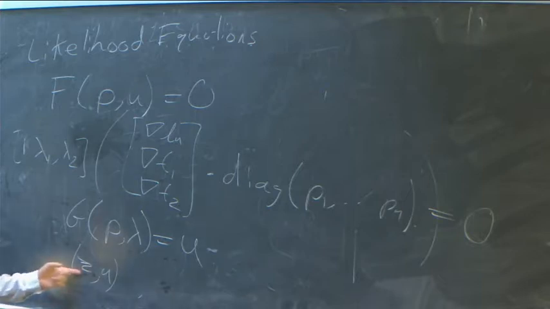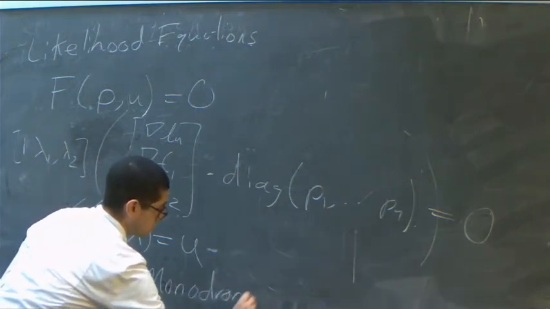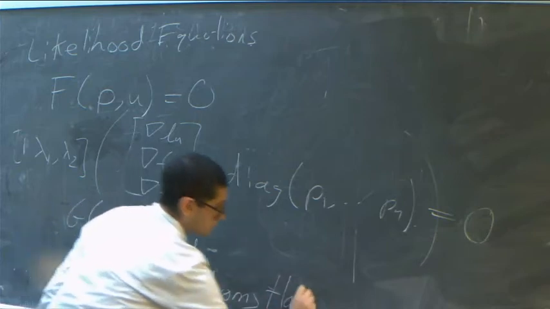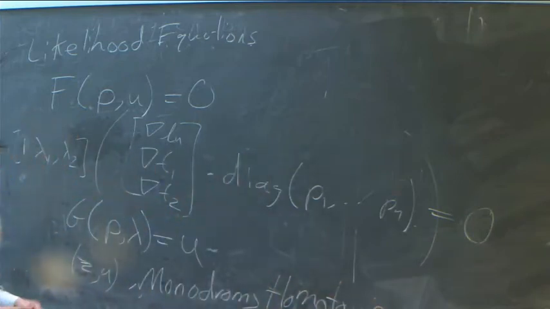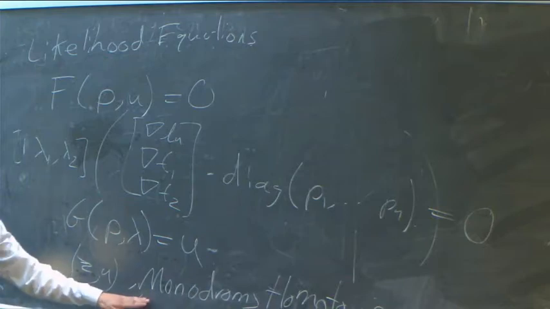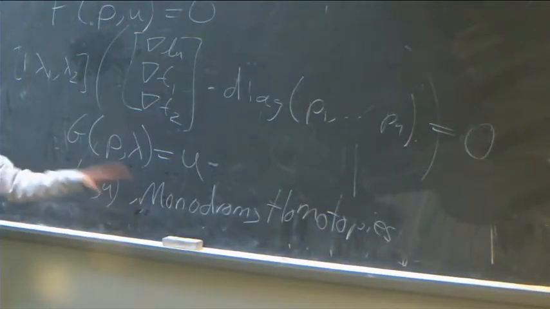And now from this one solution, I want to discover new solutions using a method called monodromy homotopies. Is anyone aware of monodromy homotopies or Galois groups? If not, I'll say some stuff about this because that's the technique that I want to describe.